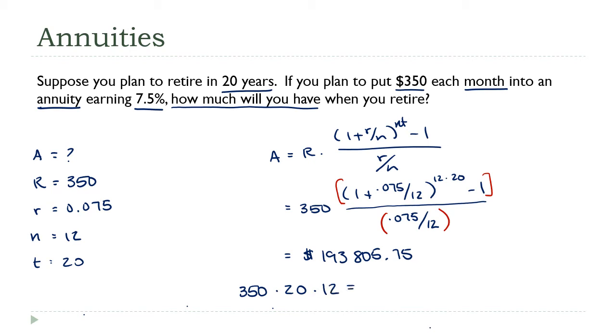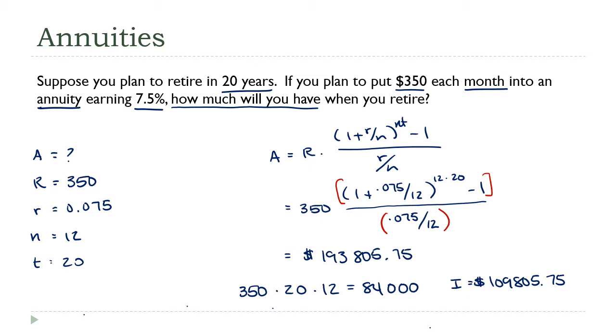So let's see, I get my calculator out. 350 times 20 times 12. You put in $84,000. Well, if you subtract that from the 193,805 and change, you get the interest is $109,805.75.